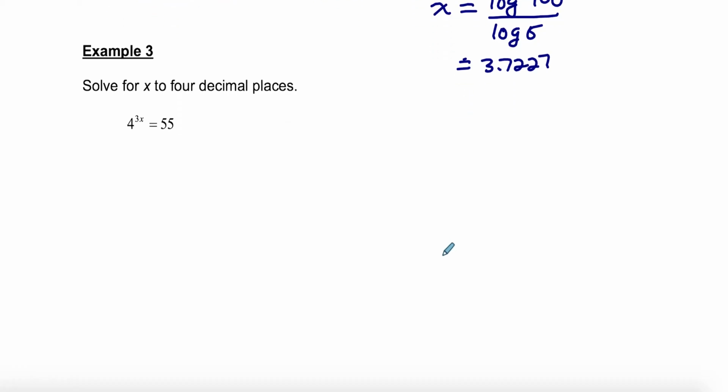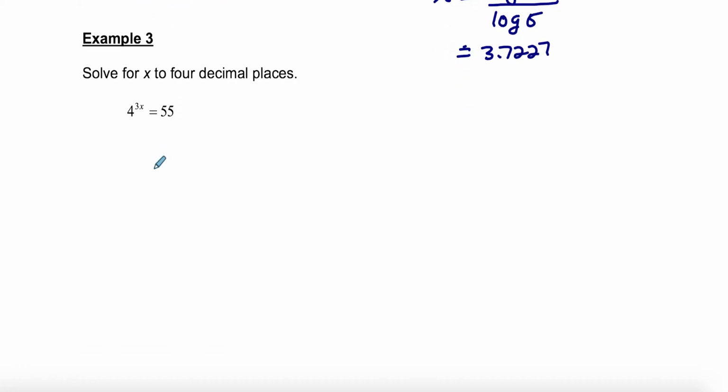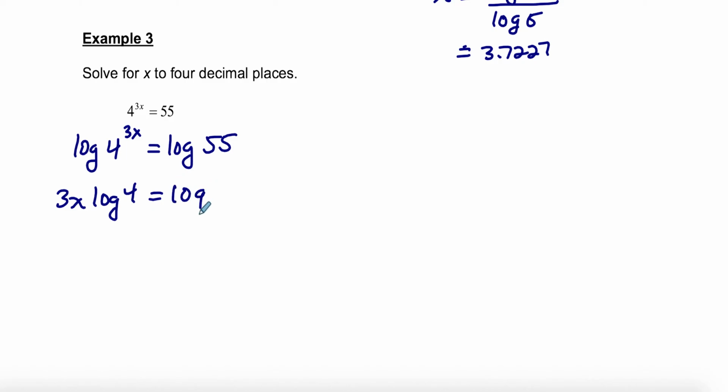So this last one, maybe we'll do this in two ways as well. So one way is to take the log of both sides. And then to move the exponent to the front of the left side. And then I would want to divide both sides by log 4. So I would like to have the log 4 on the right, and I'm going to divide.